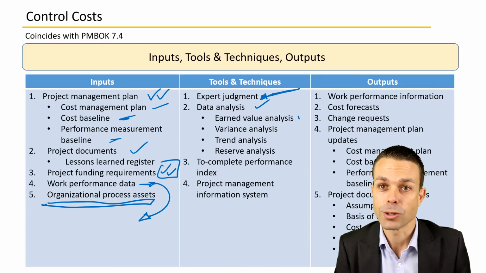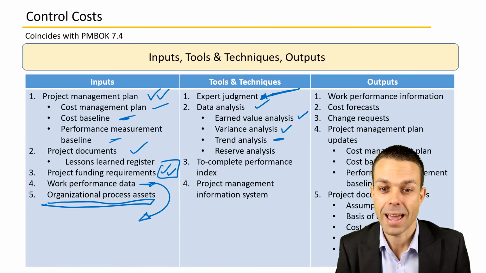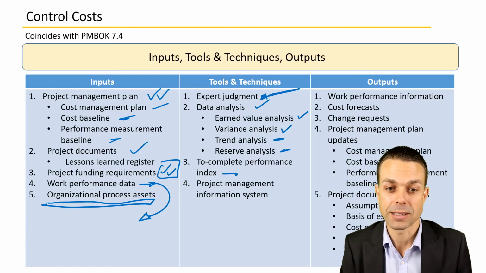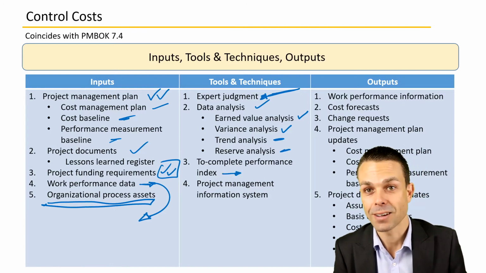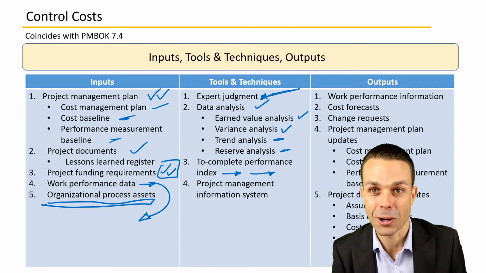We've got earned value analysis, variance analysis, so how are we tracking versus what we have planned, trend analysis, and reserve analysis. We might need the To Complete Performance Index. So what is it going to take cost-wise for us to be able to finish this project, depending on where we're up to?